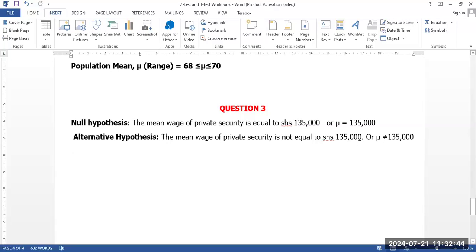In such a scenario, you would be having the side on the alternative. And every time you have the side on the alternative, you'll be dealing with a one-tailed test.